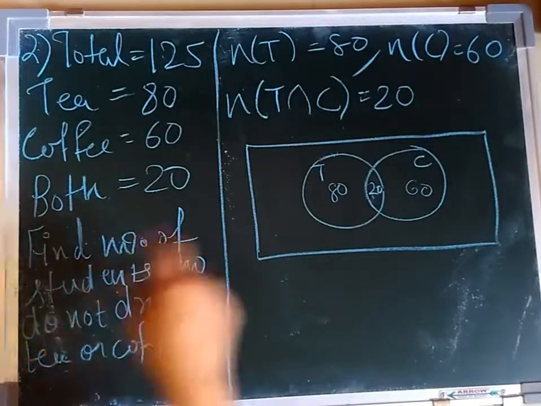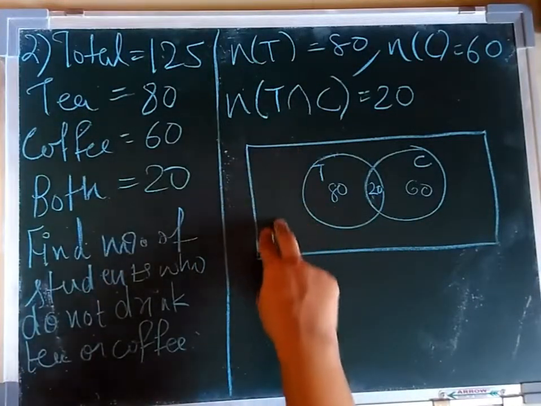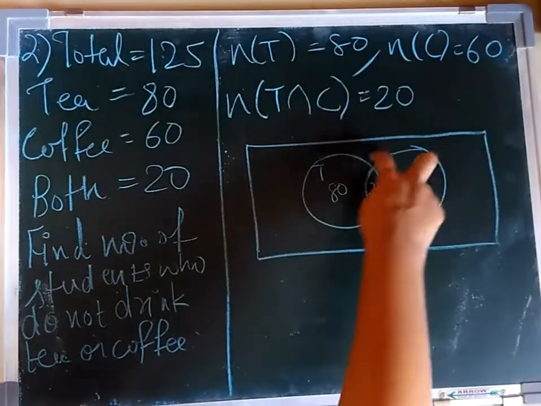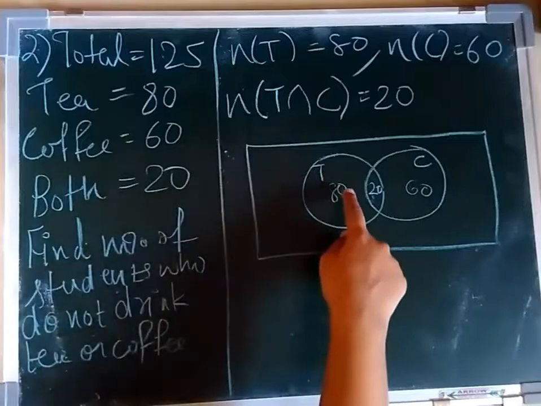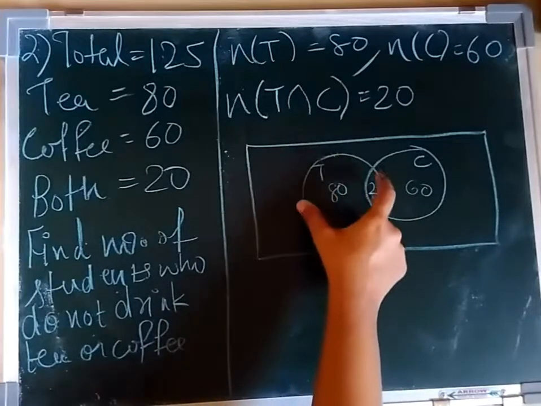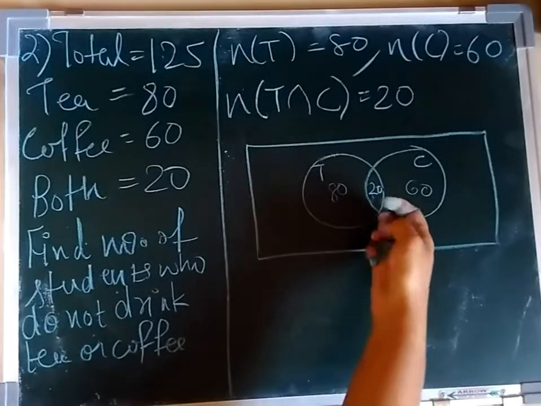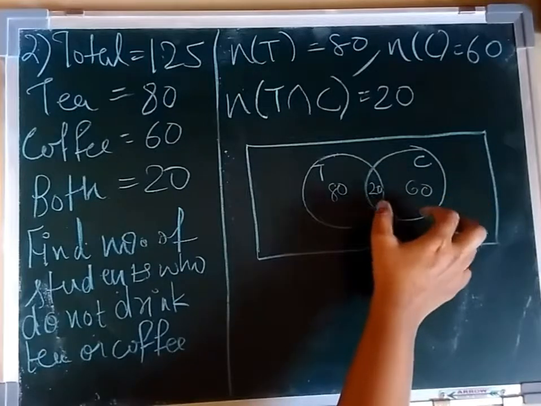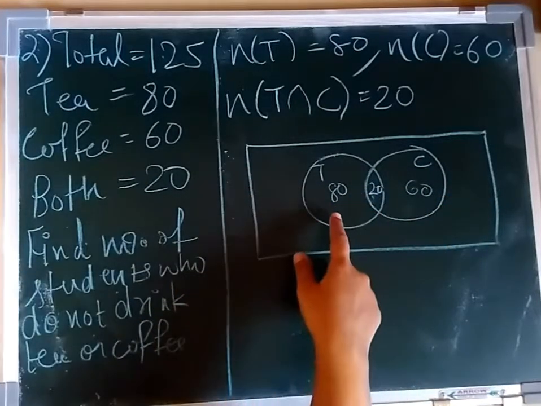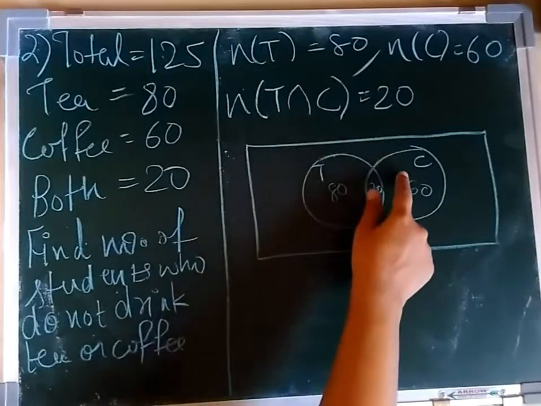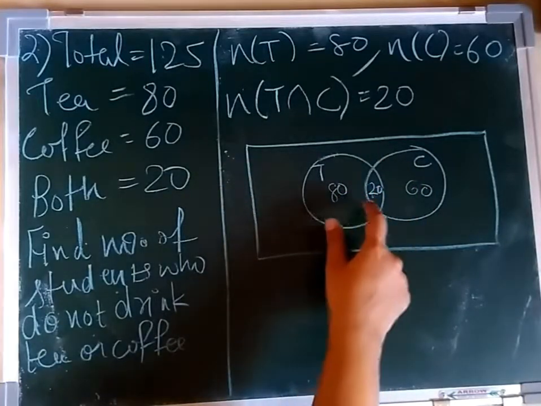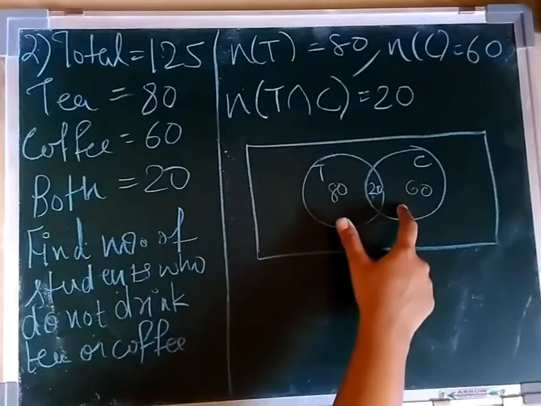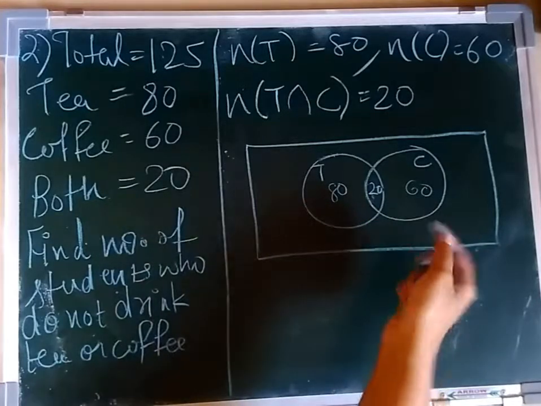So now we need to find the number of students who lie outside these two circles. They don't drink tea or coffee. To know that, first we should find the union. That is, what is this remaining part, then this plus 20 and the remaining part here. For that we need to find T union C, that is N of T union C, so that we get the number of students in this without repetition. Okay.